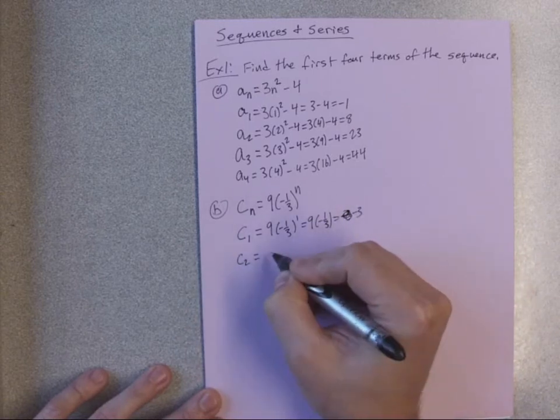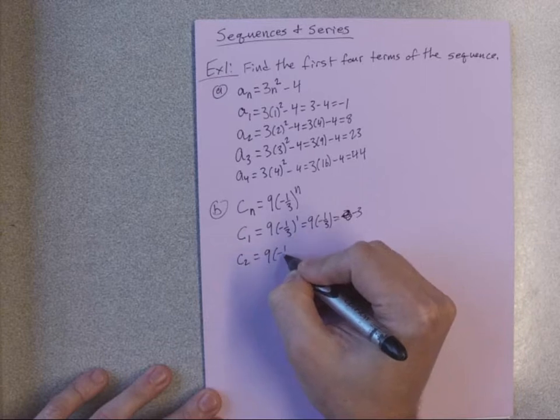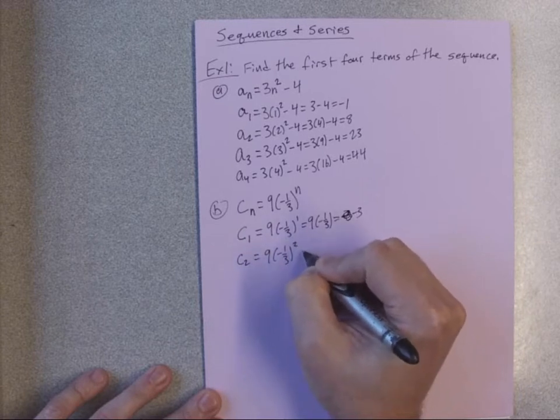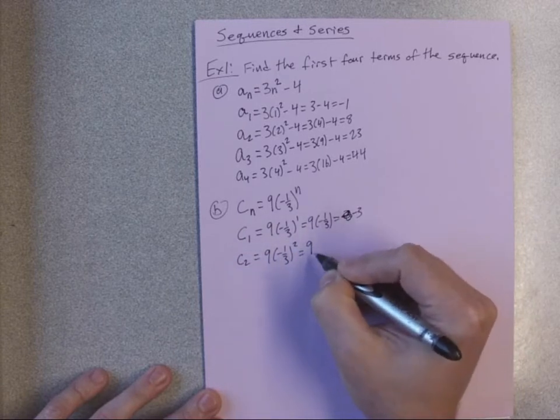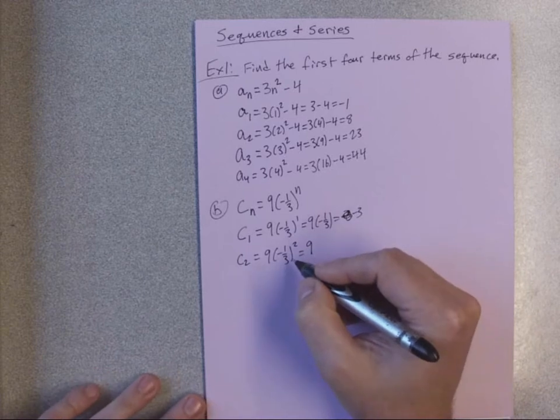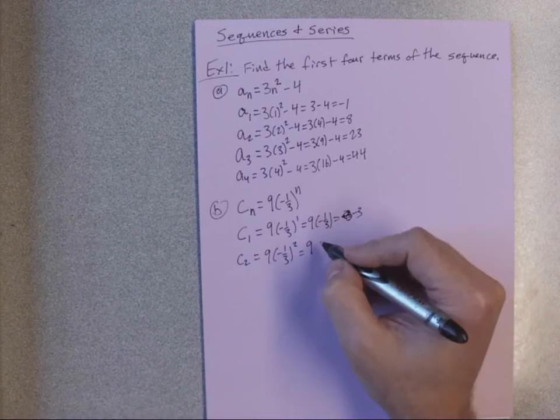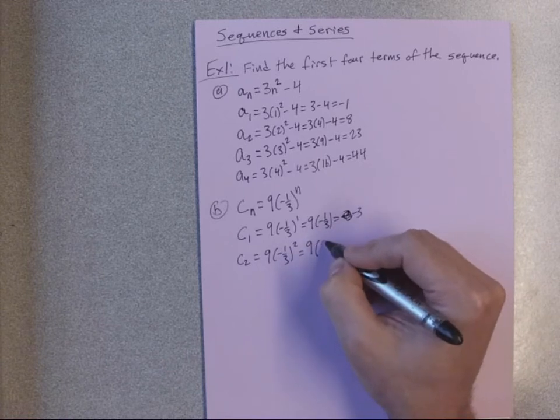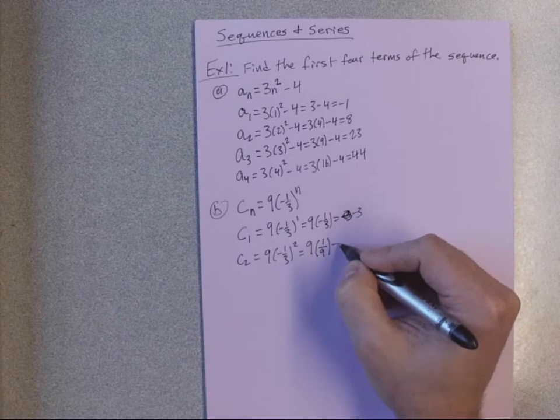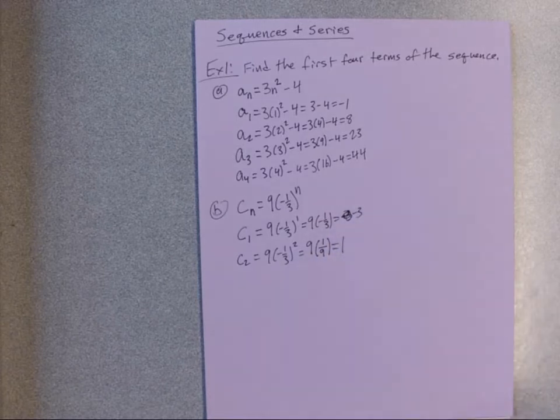C2, 9 times negative 1/3 squared, which means you're multiplying by negative 1/3 twice. So a negative times a negative is a positive. 1/3 times 1/3 is 1/9, so 9 times 1/9 is equal to 1.